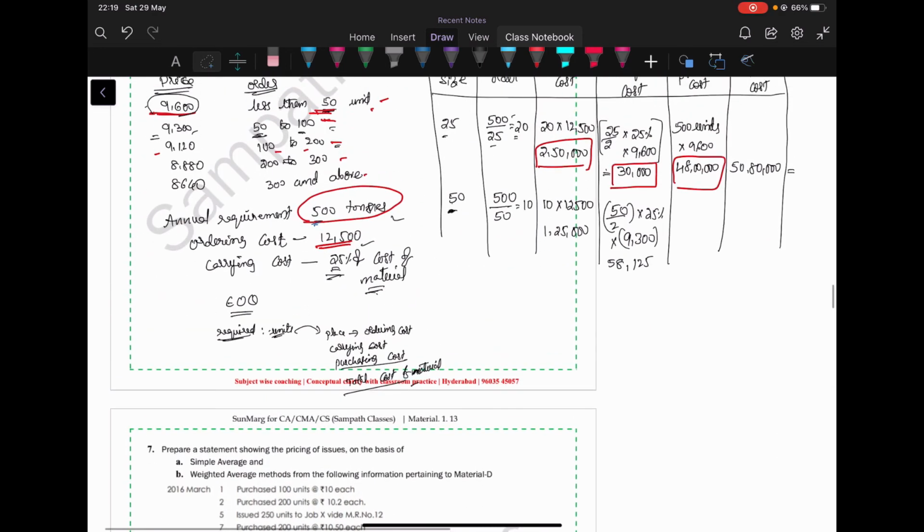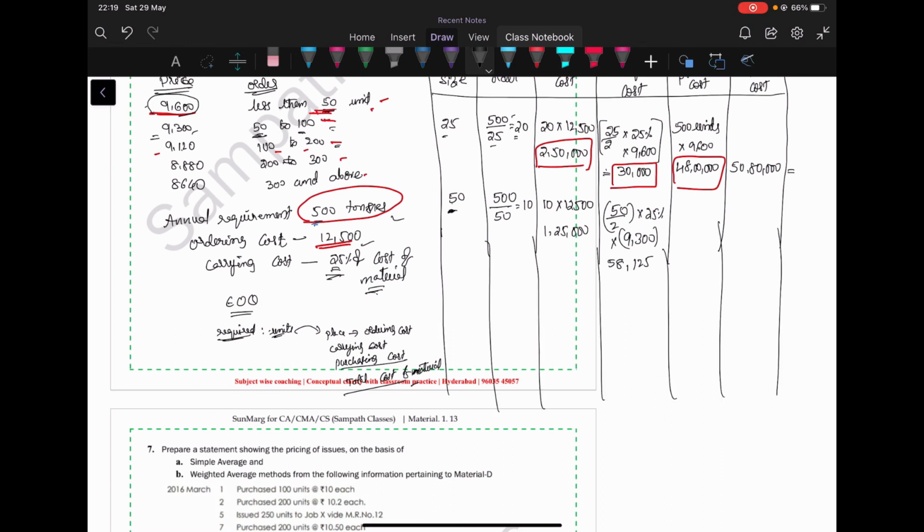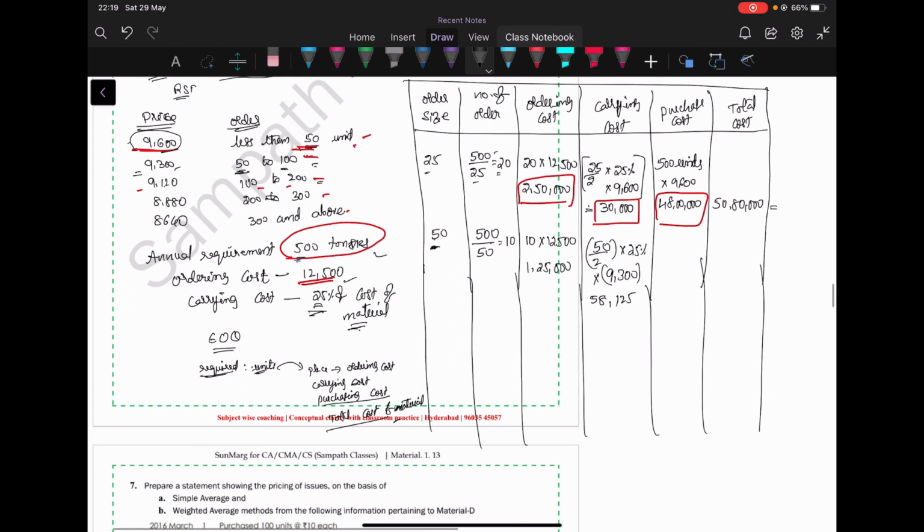This one, okay. Next one is the purchase cost. Per annum my demand is 500 units. For 500 units, per unit I am placing a request for, I am getting at 9,300 rupees. 500 into 9,300 is nothing but 46 lakhs 500 rupees.